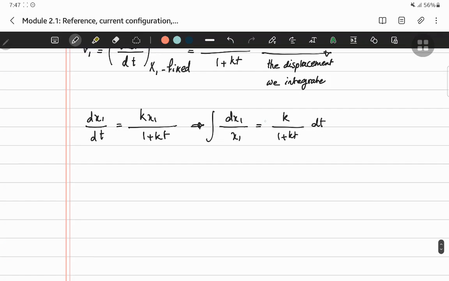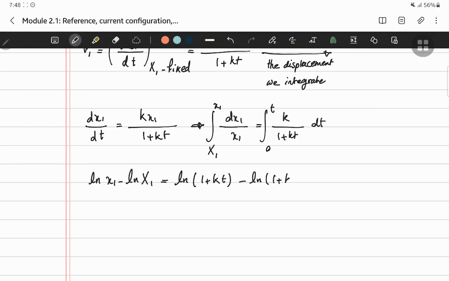So if I integrate, for example, from our initial to our final configuration, and say that the initial time is 0 and the current configuration occurs at time t, I have ln of x1 minus ln of X1 is equal to k times 1 over k, so it is ln of 1 plus kt, minus ln of 1 plus k times 0.